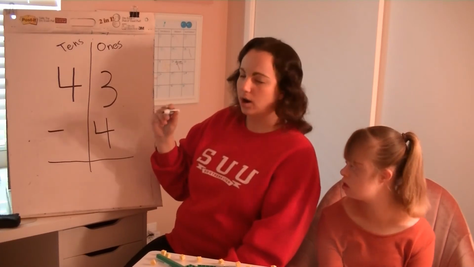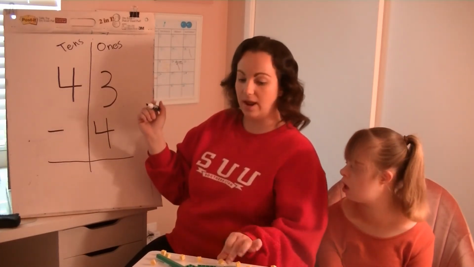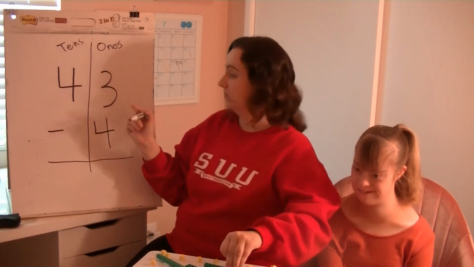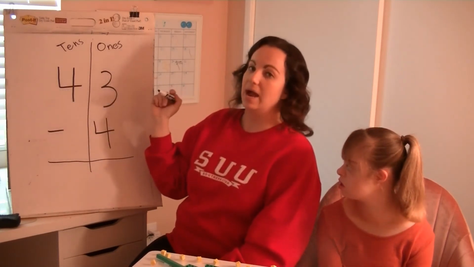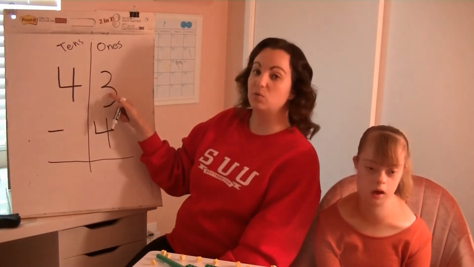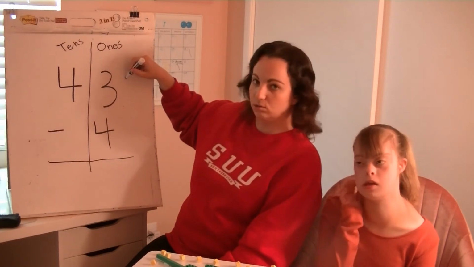Just because I have a feeling I might need some help here, and I don't have Miss Nichols' little teacher manipulatives or tools, I'm going to go ahead and draw out 43 as if I had those resources. So over here I see I have 3 ones. I'm going to draw just little circles to represent my ones.